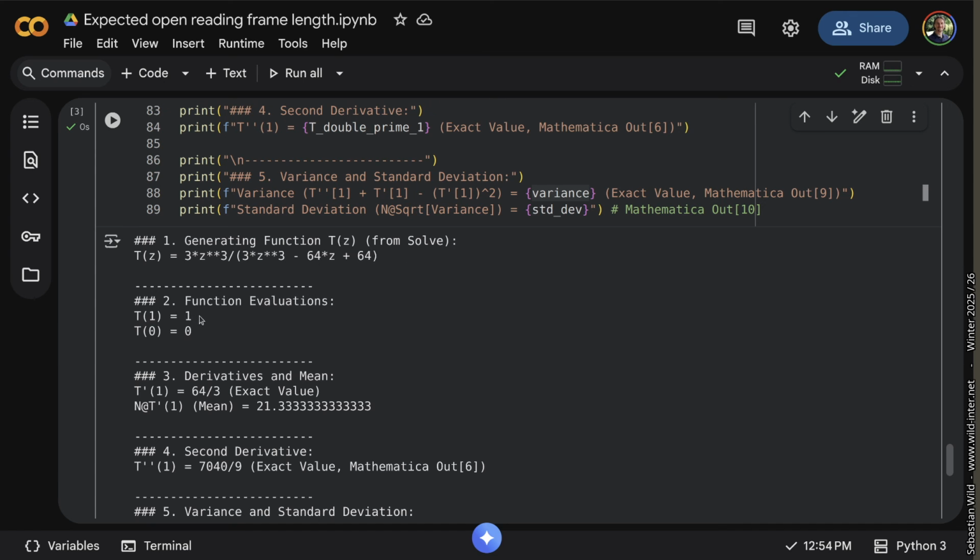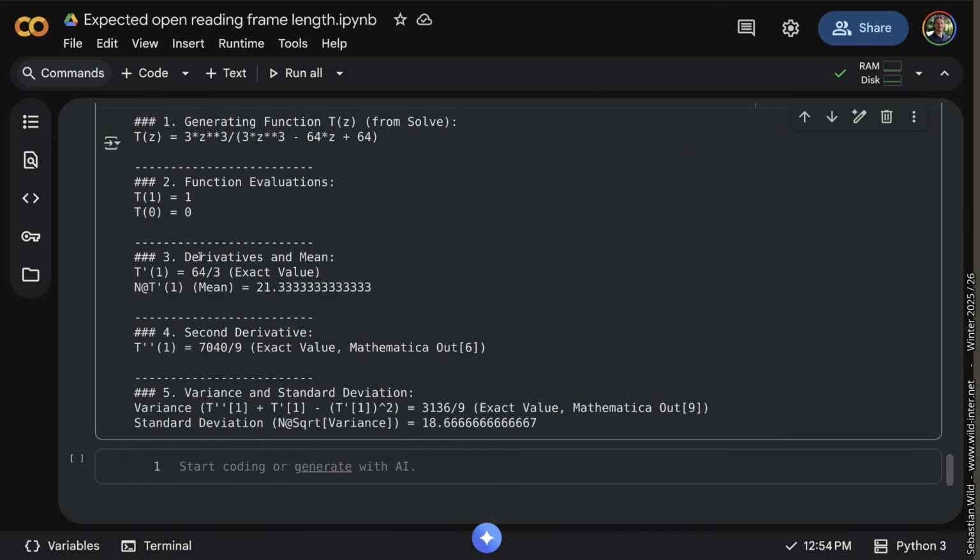So t of 1 was 1, summing up all the probabilities. Probability to use 0 steps was 0, as we said. That's the expected value, same as we had last time, if you look it up. And the variance is, well, whatever, some number. But more intuitive, I think, is the standard deviation.